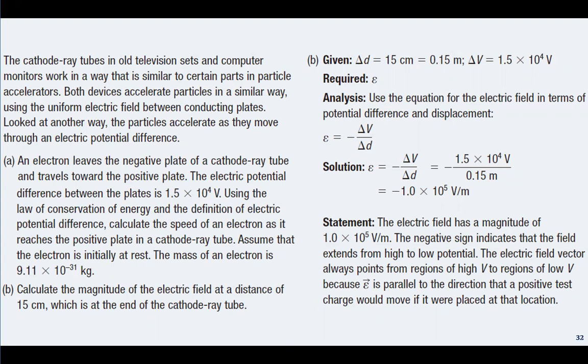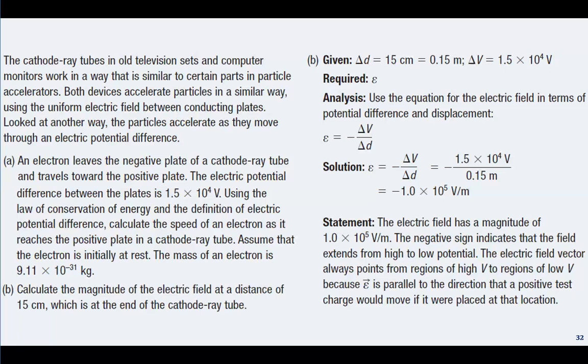And do not forget the negative symbol in front of delta V over delta d. So again, put all the values in. We have the electric field strength is negative 1.0 times 10 to the power of 5 volts per meter.